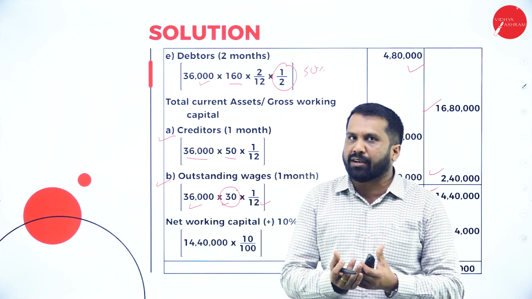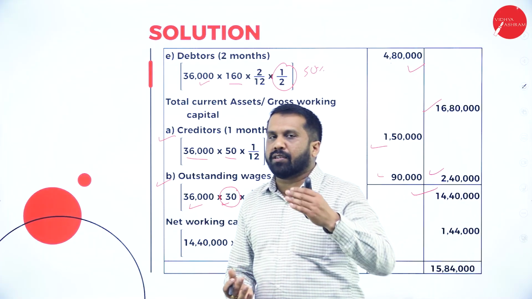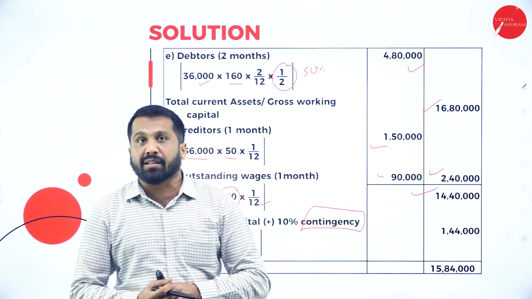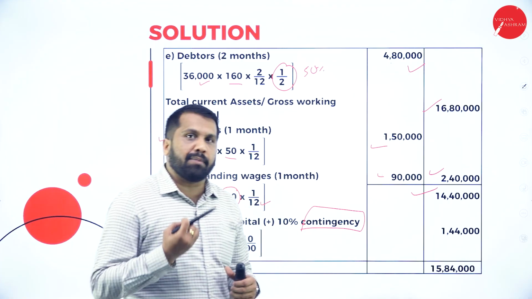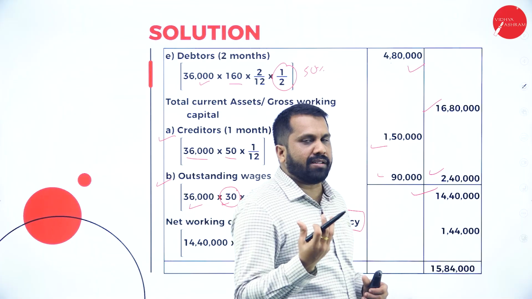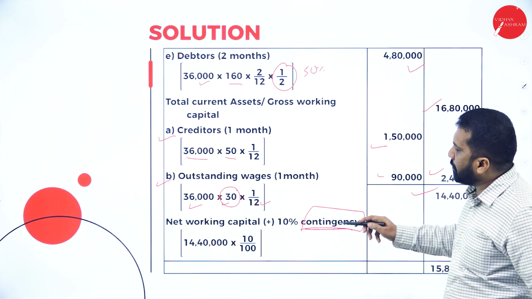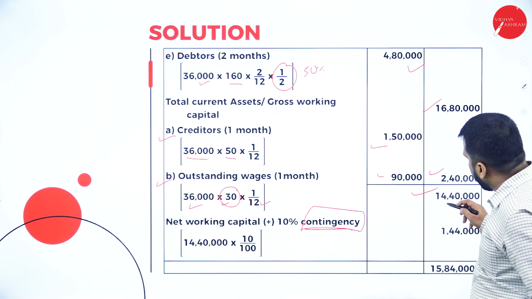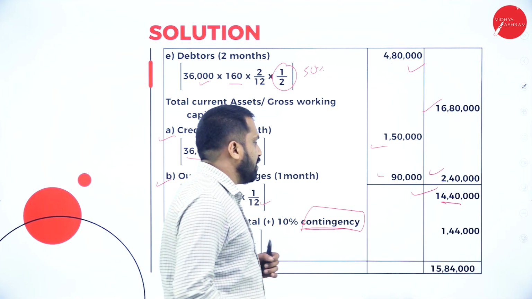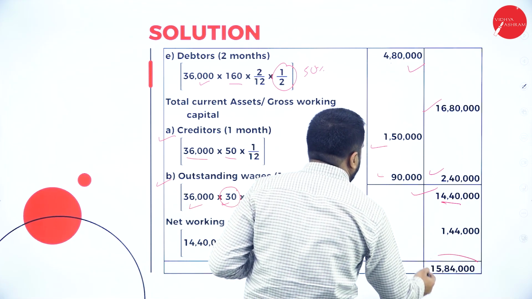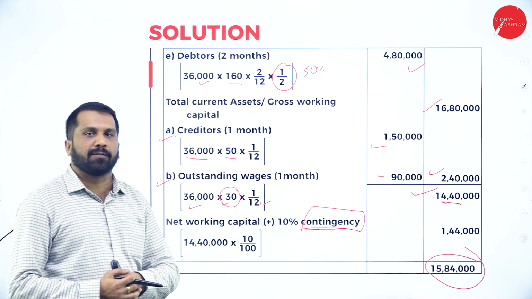For example, if your overall package for going abroad is 1 lakh, you go with 1 lakh and you will keep another 10 to 20,000 for emergency. Similarly, there is a contingency. On 14,40,000 you calculate 10%, which is 1,44,000. The final answer is 15,84,000. Hope you are clear.